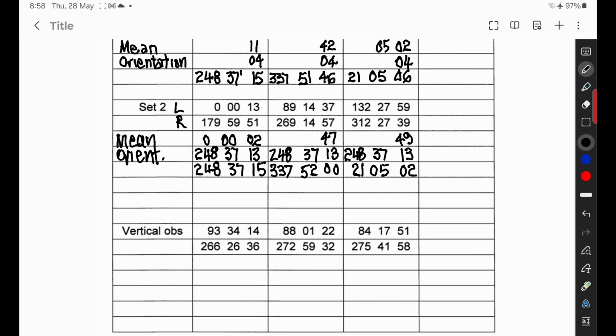With experience, yeah, comes new problems and new knowledge. Right, so now we mean the two. Only one bearing for the origin. 248, 37, 15. 51, 46, 52. Difference 14. Half that is 7. 3, 3, 7. 51, 53.